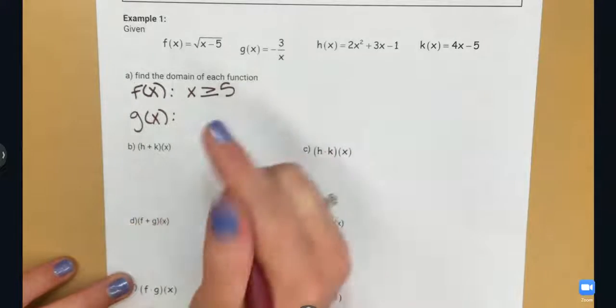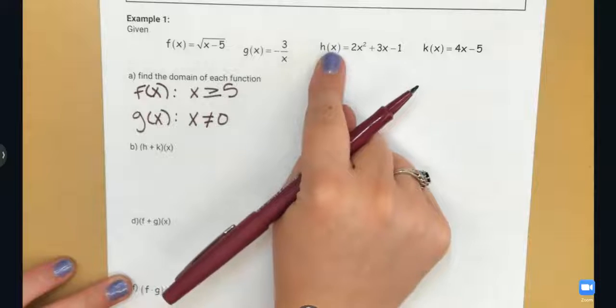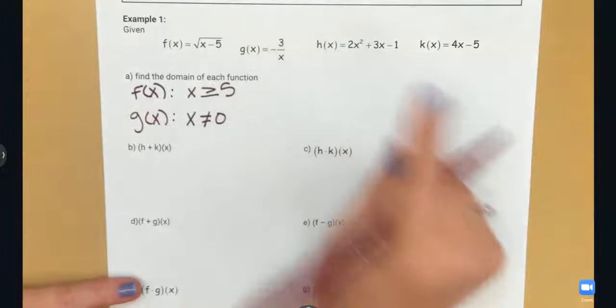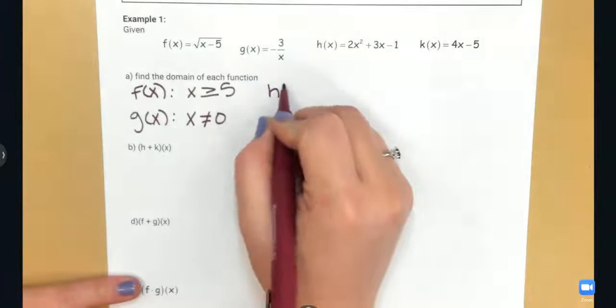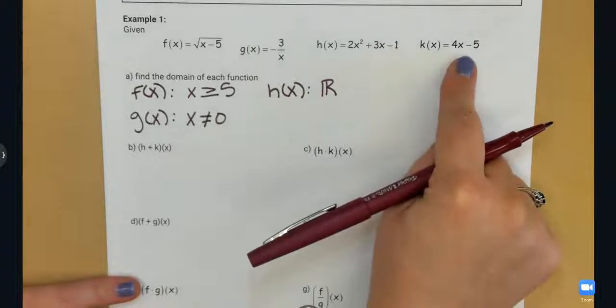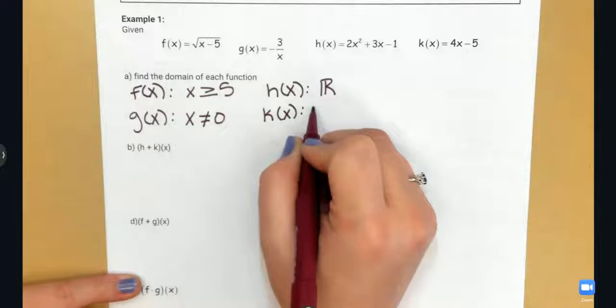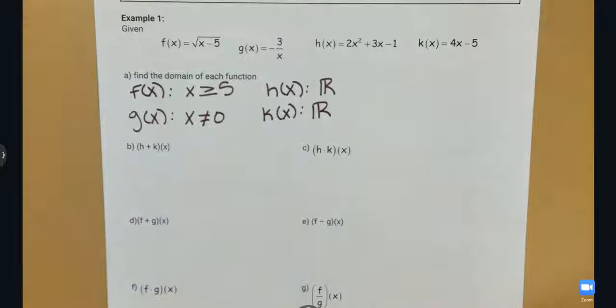I just have x in my denominator, so x can be any number except 0. On h, I don't have a radical and I'm not dividing by x, so my domain for that one is going to be all real numbers. Same for k. No division by x, no radical, means I have no restrictions and it's all real numbers. So that's just to keep you thinking about domain and practicing what you've already learned earlier this year.